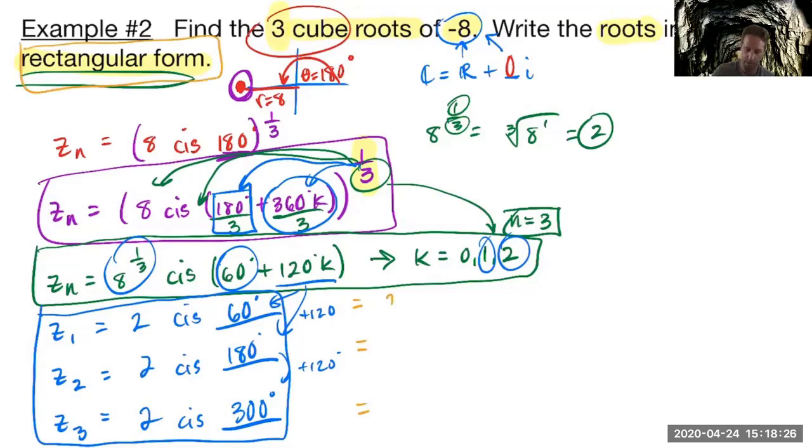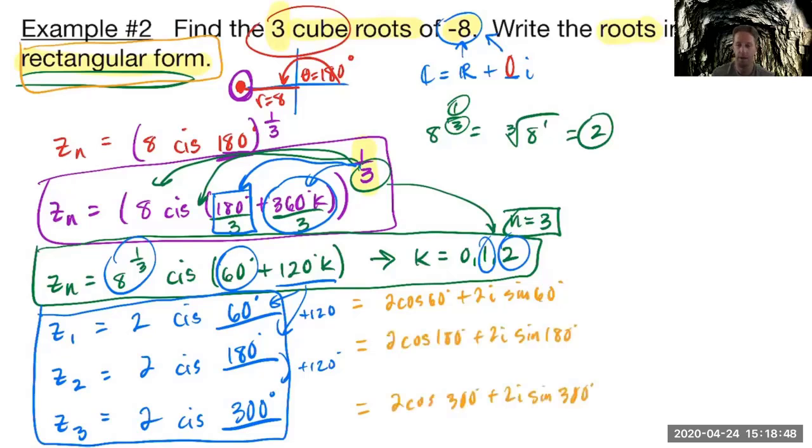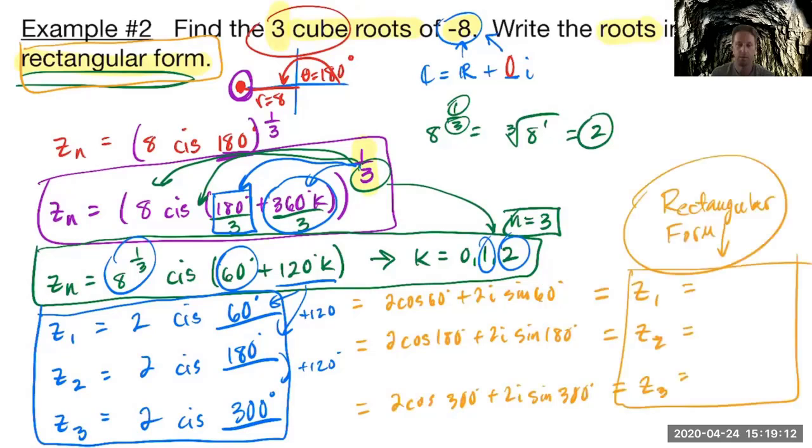So remember that means 2 cosine of 60 plus 2i sine of 60. And then same thing here, but with the other angle. And then lastly, because then once you have that, then you will have your 3 roots, all right?